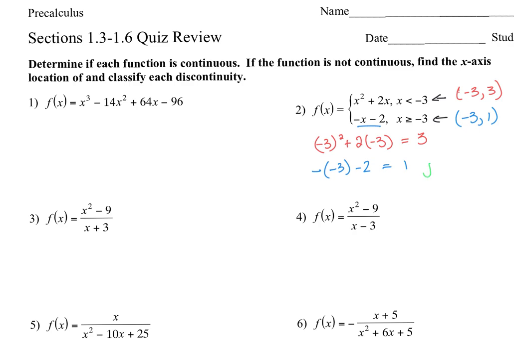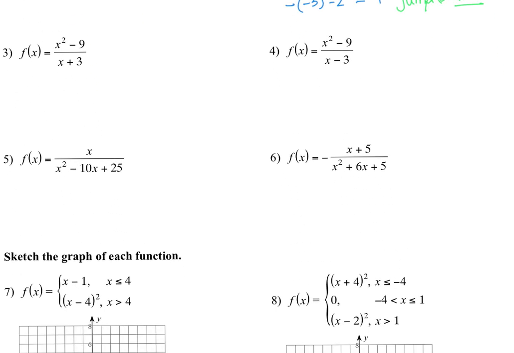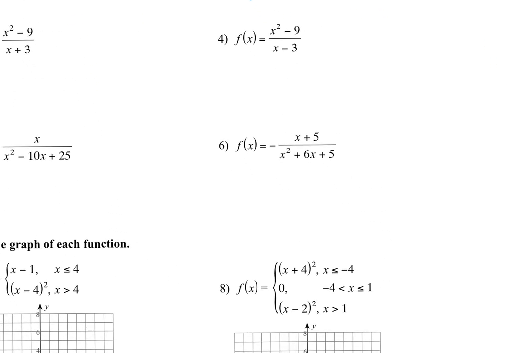It is a jump at the point x equals -3. It's a jump discontinuity. So the first one is continuous. The second one has a jump at -3.